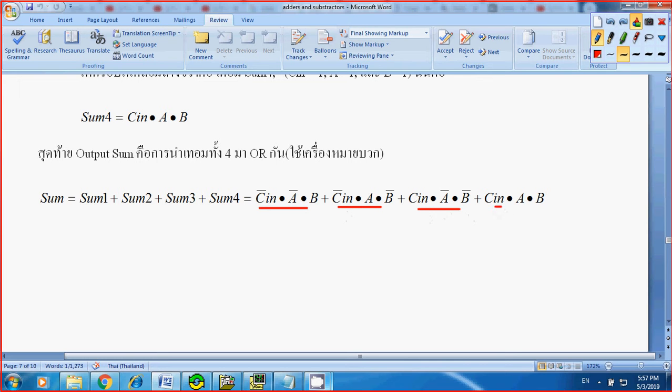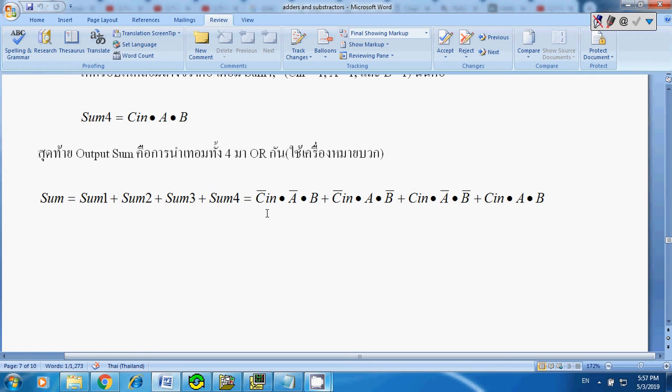How many of them? 4, right? And then how many 2-input OR gates do you need? You can also use the 3-input OR gate, but I can also use the 2-input OR gate and then OR then later on.